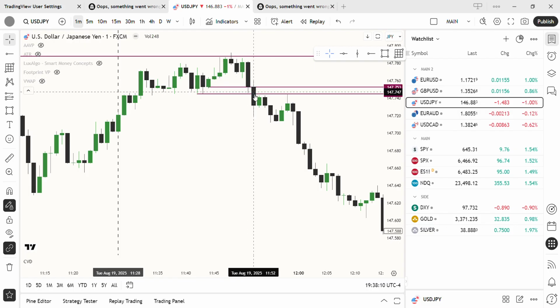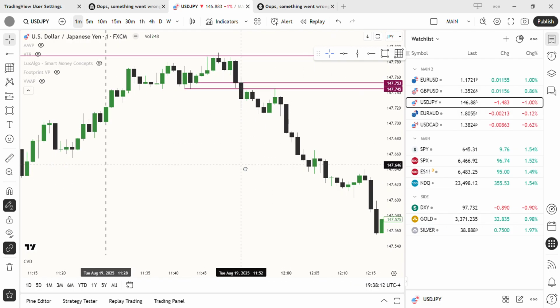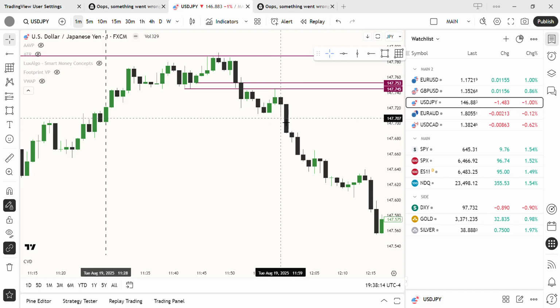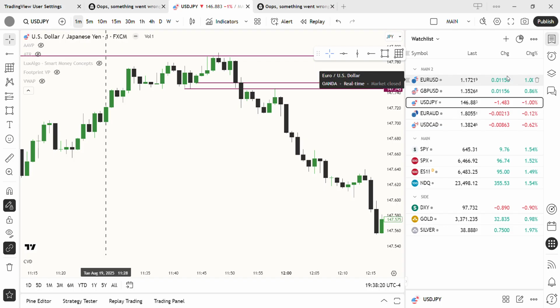No fair value gap, and then we shoot down. Breakaway fair value gap over here. And class C setup. Wouldn't have taken it though.